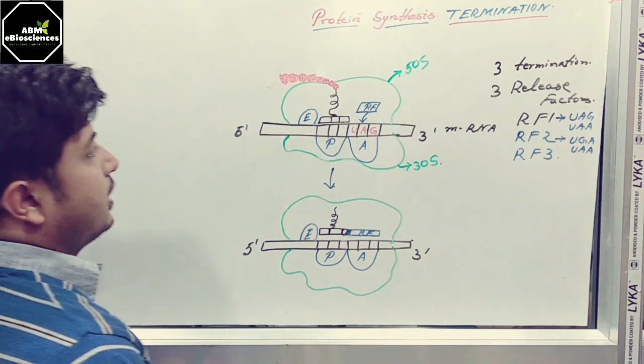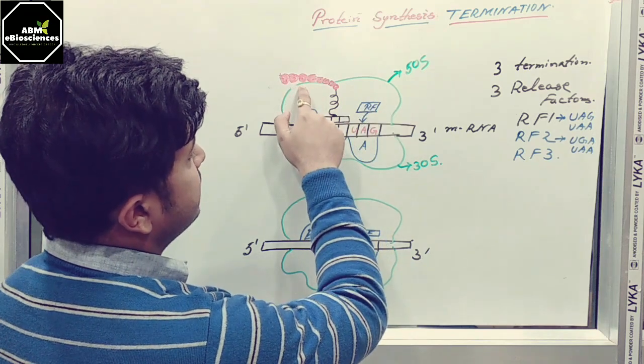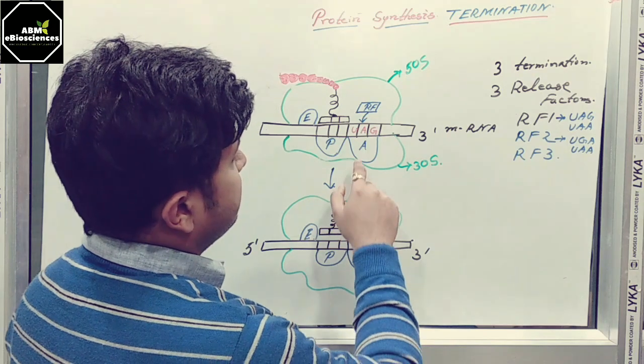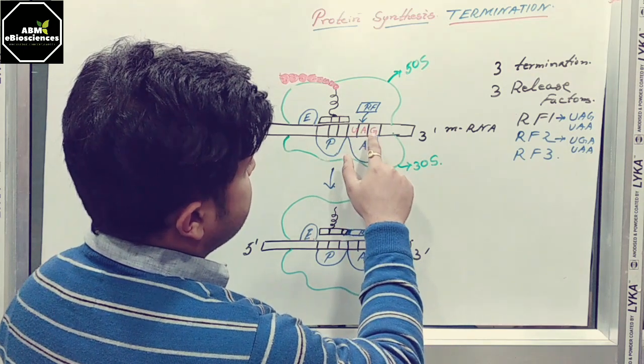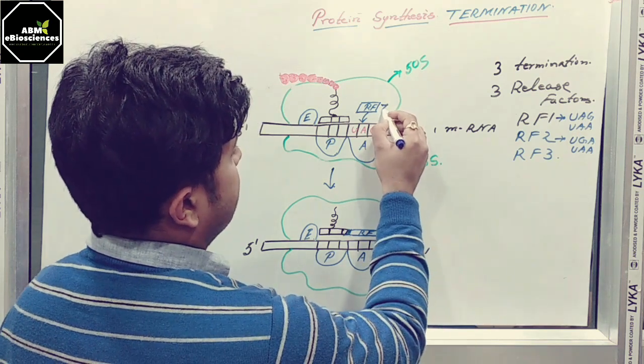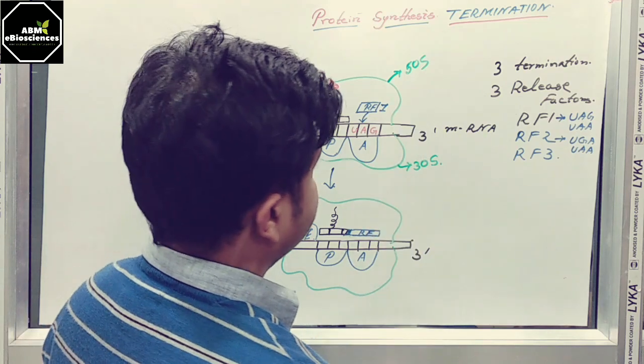As the picture shows, this is the tRNA bound with the polypeptide chain of the protein, in red color. Here you can see the termination codon UAG recognized by the factor RF1, along with the 50S and 30S subunits including mRNA.